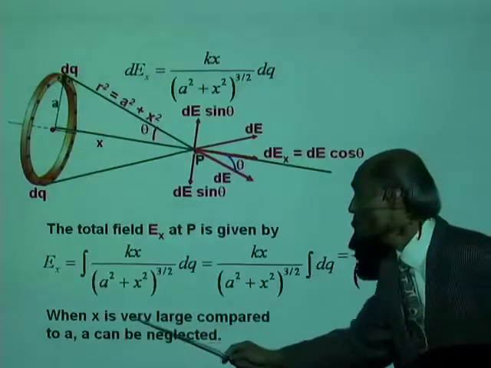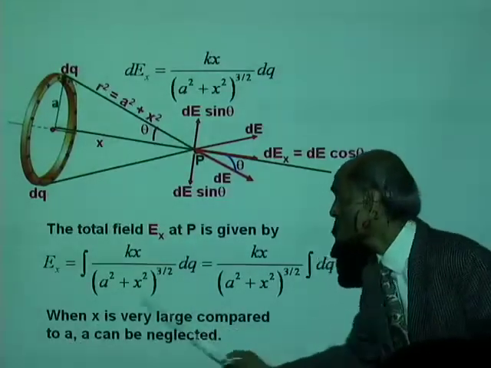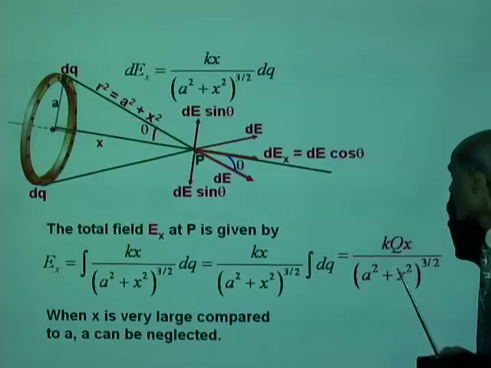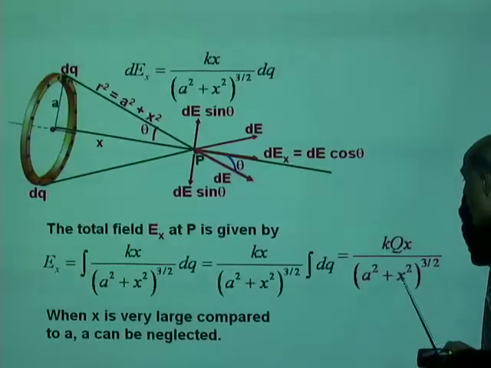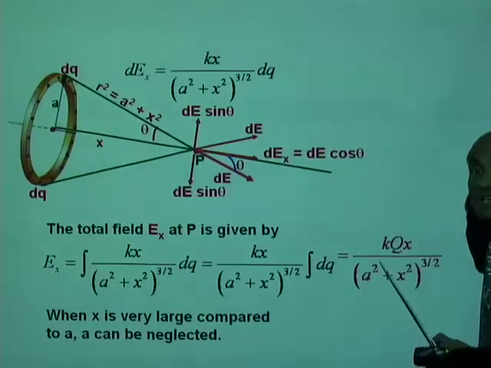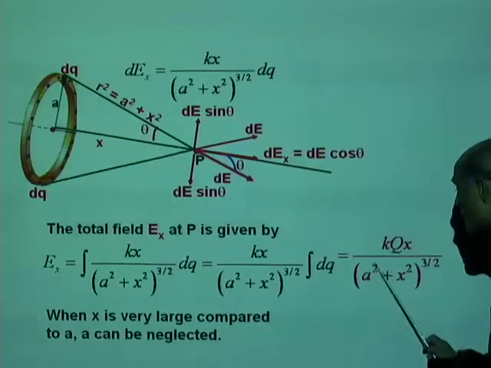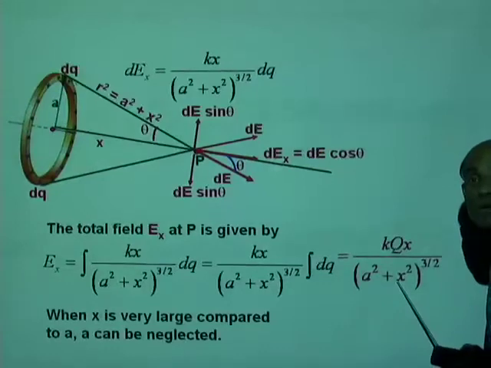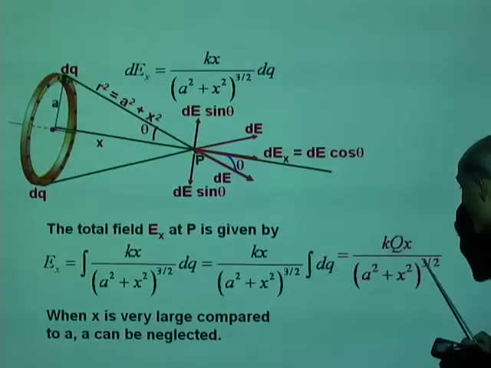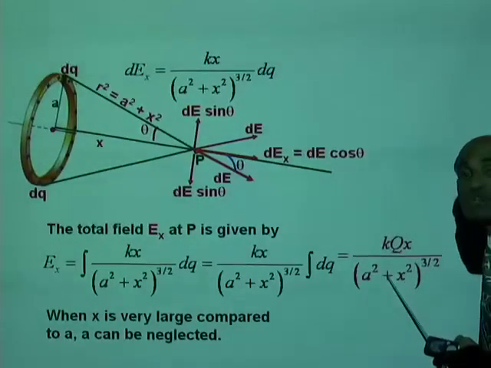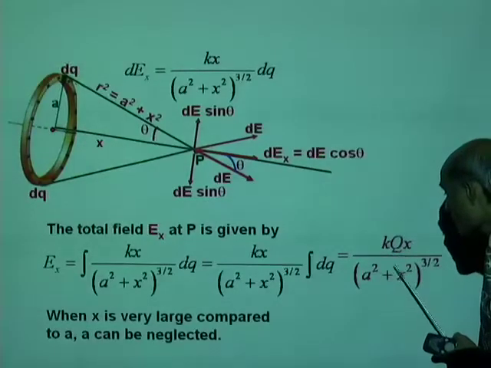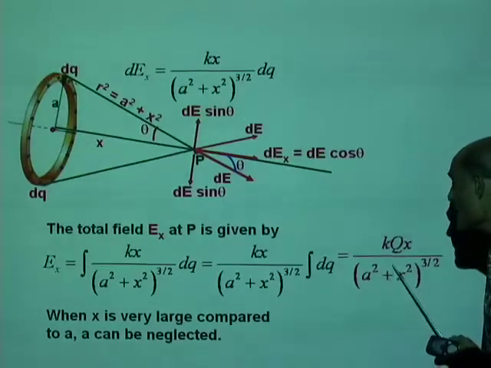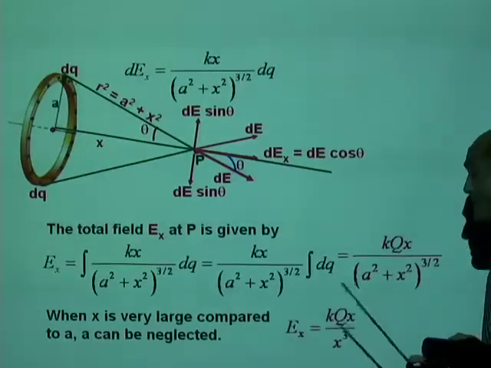When x is very large compared to a, what can we do? When x is very large compared to a, you can take a squared plus x squared as approximately equal to x squared. And x squared to the power of 3 over 2 will be x cubed. And x divided by x cubed will leave an x squared in the denominator.